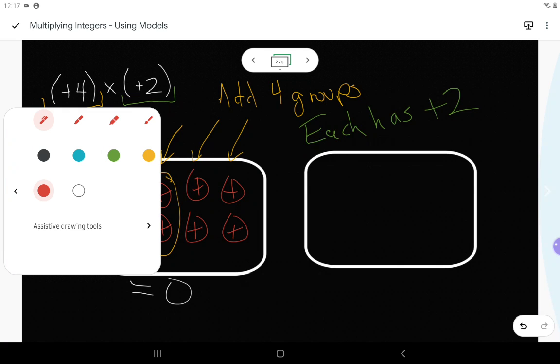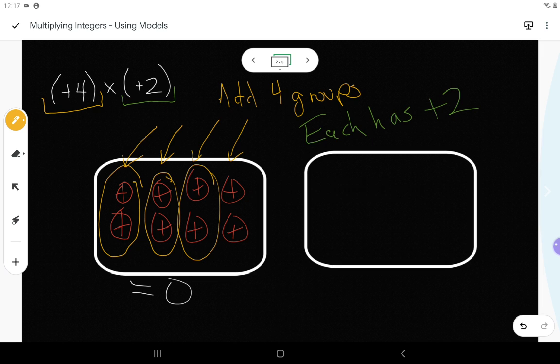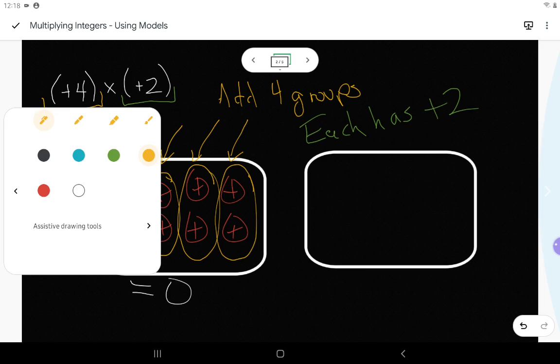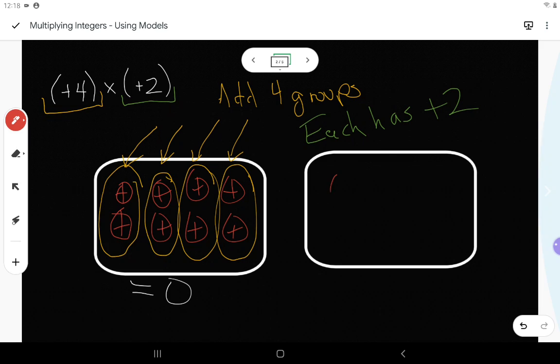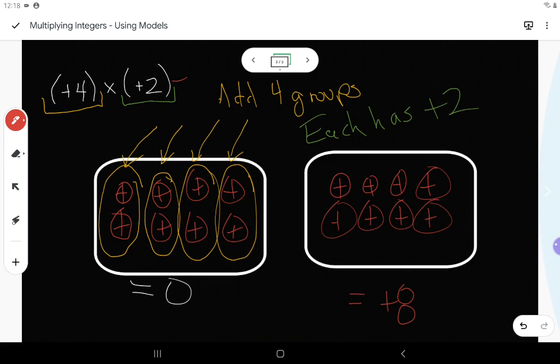In total, I've added onto my desktop 4 groups, the yellow things, and inside each group I've put 2 positive integers. My desktop has gone from equaling 0, because it had nothing on it, to having 8 positive integers on it, so it becomes +8. That's my answer: +4 times +2 is +8.